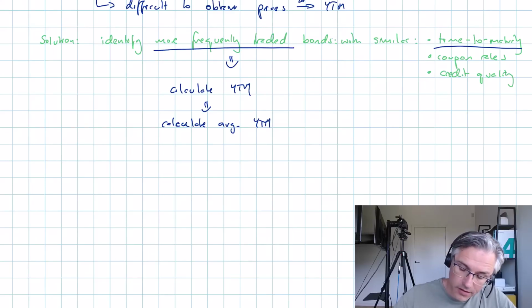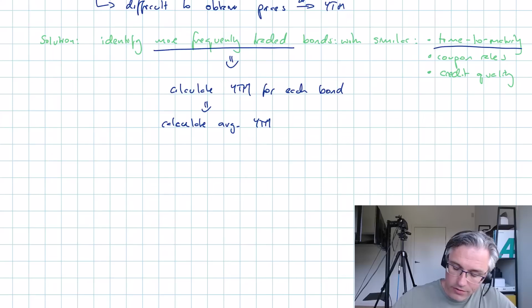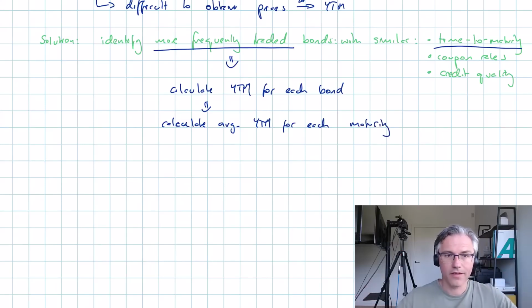So here, calculate yield to maturity for each bond, but then try to summarize things. Calculate average yield to maturity for each maturity, at least a maturity bucket, like 5 years, 6 years, thereabouts, plus or minus a couple of months.